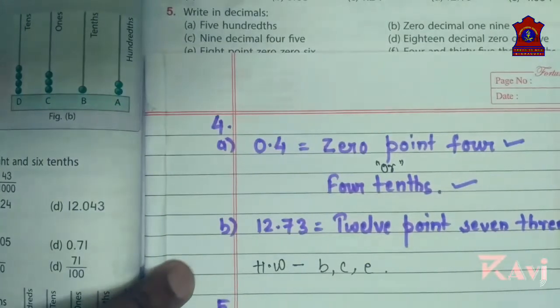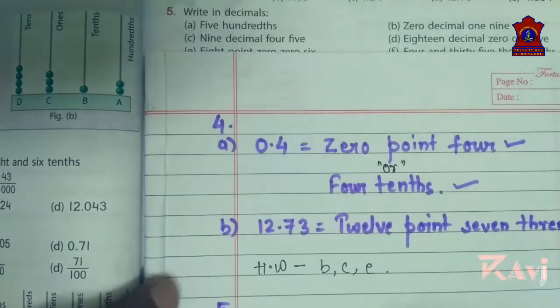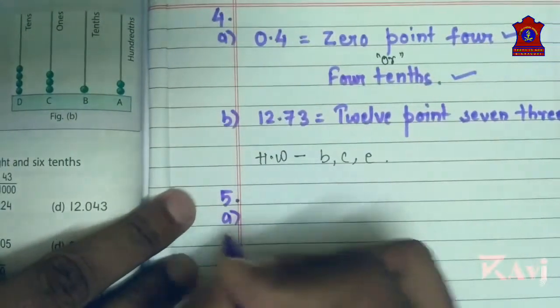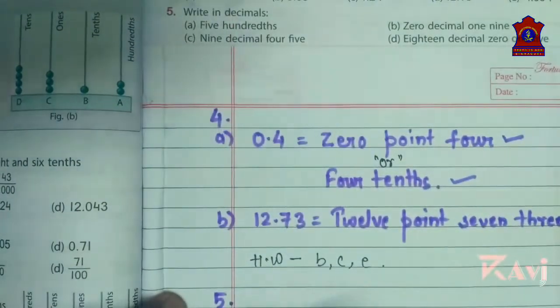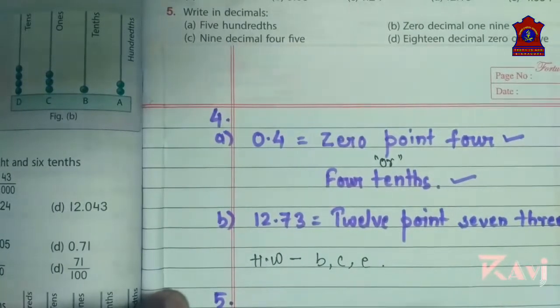Now, question number 5. What is it asking? Write in decimals. You have done the same question in question number 1. See, A, 5 hundredths.